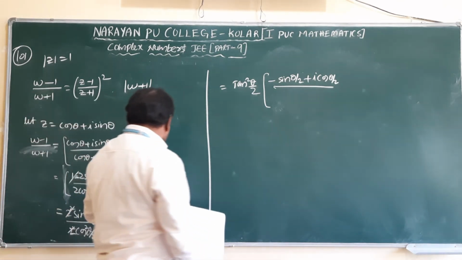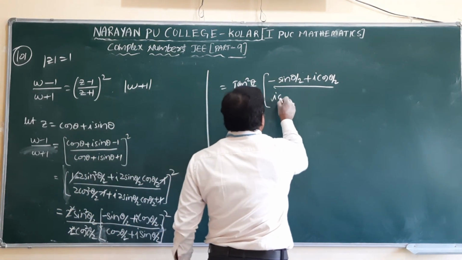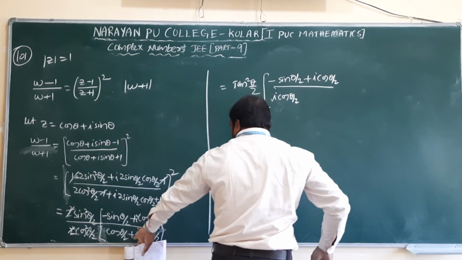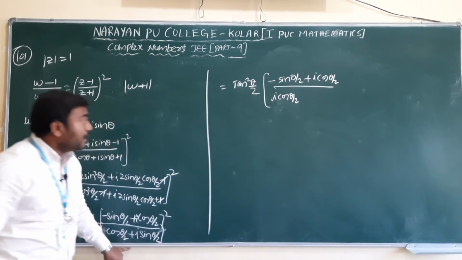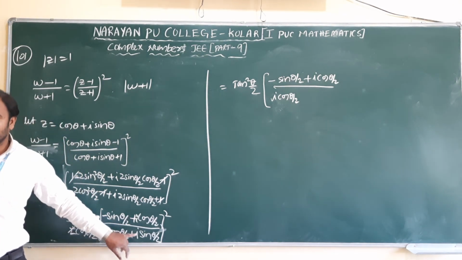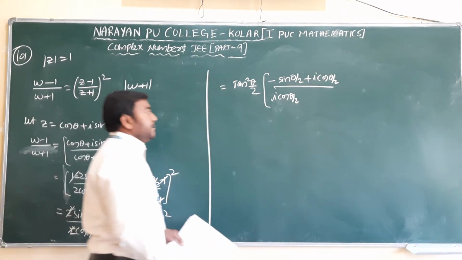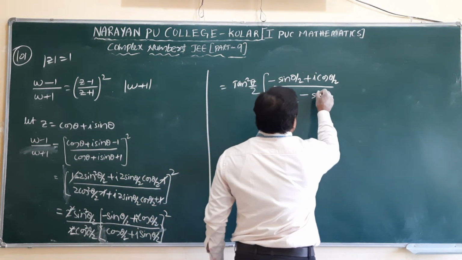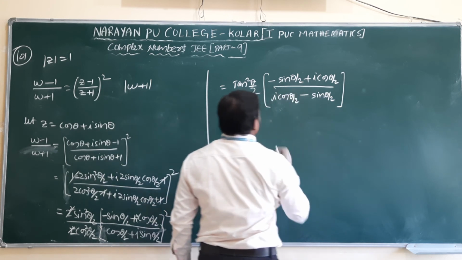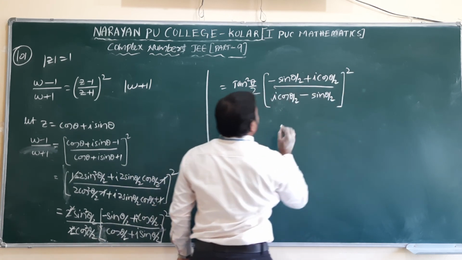So what we get here: i cos theta by 2, and plus i times i is i square, which is minus 1, so we get minus sin theta by 2 whole square.